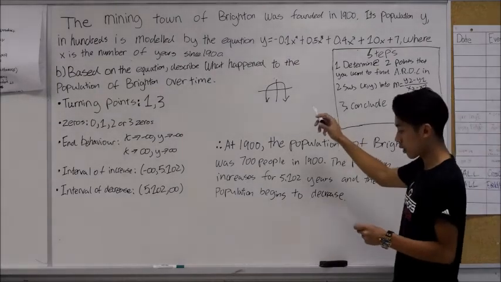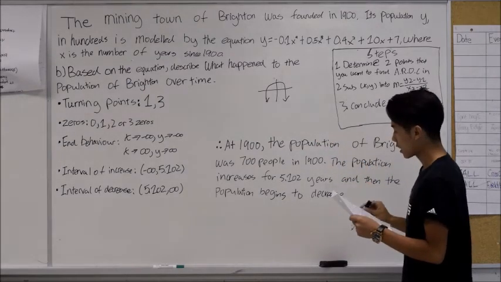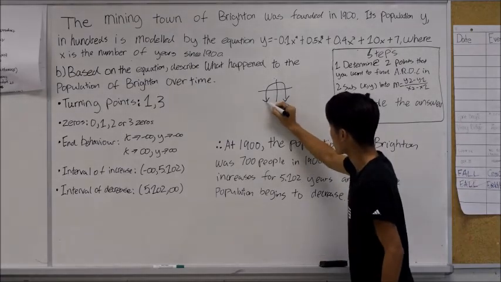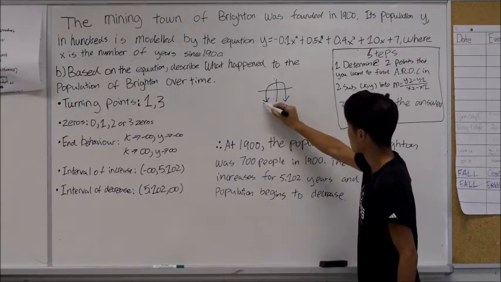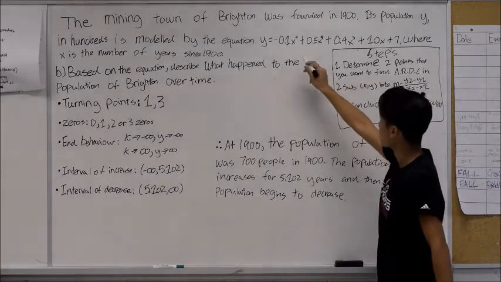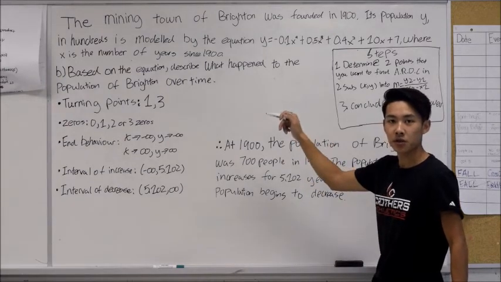In order for this property to work out, you must have an odd number of turning points, because otherwise you cannot start from negative infinity and end at negative infinity.